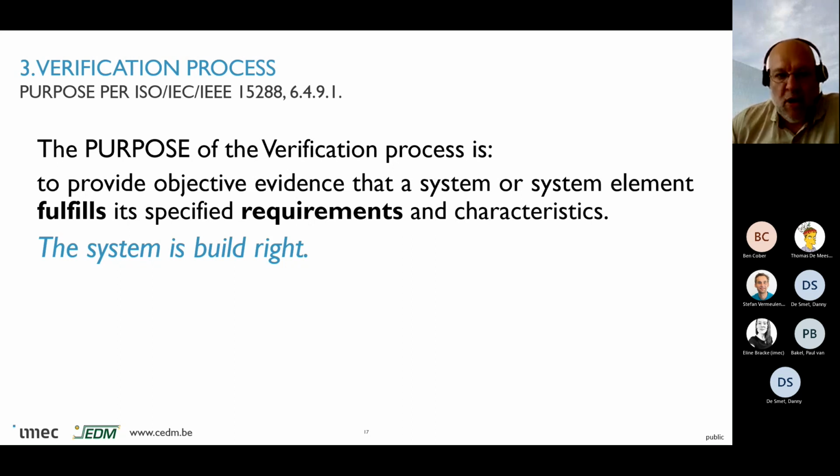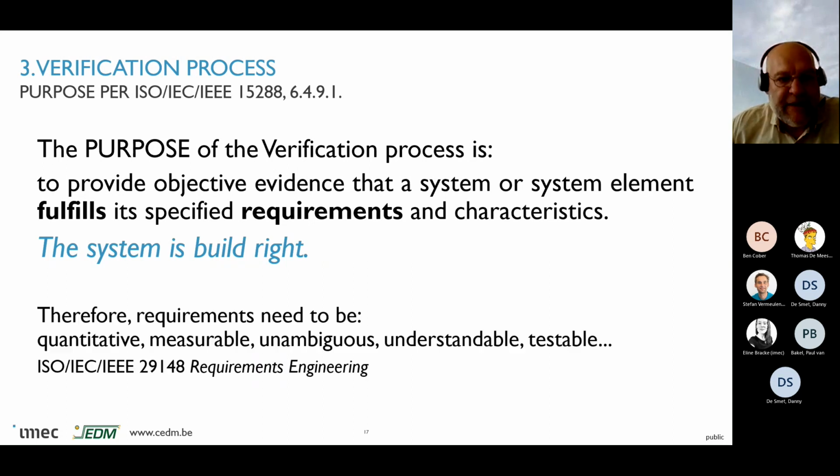So it's all about checking that the requirements that have been established are met by whatever follows after them. That means that the requirements themselves are really important and need to have specific properties like being quantitative, measurable, unambiguous, understandable, testable, etc.